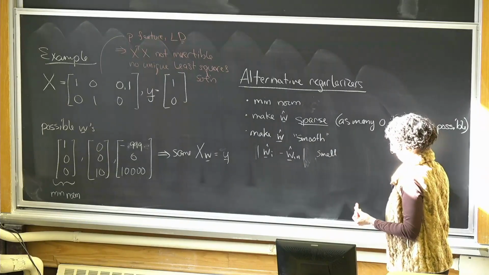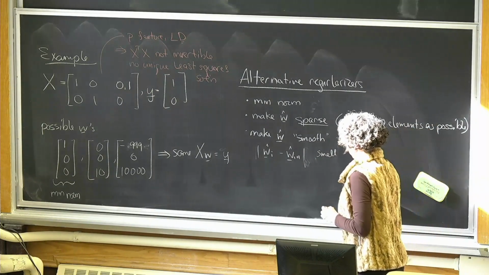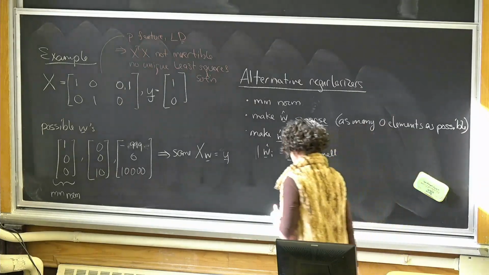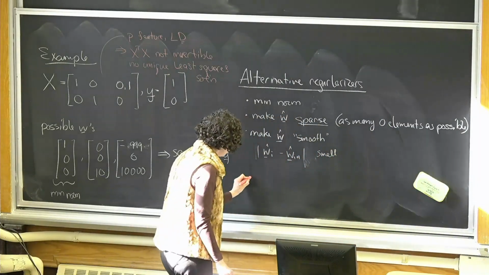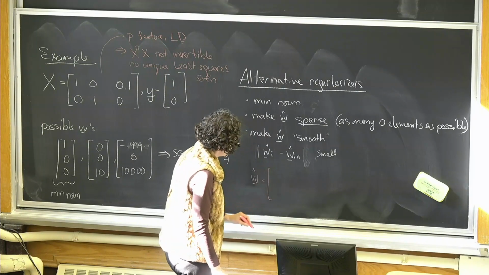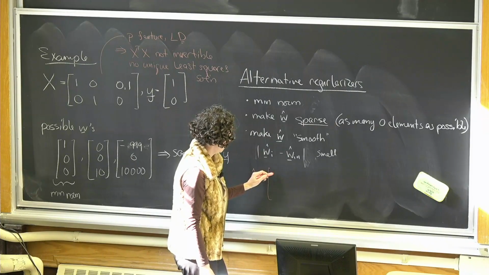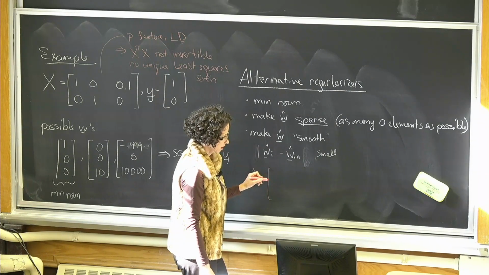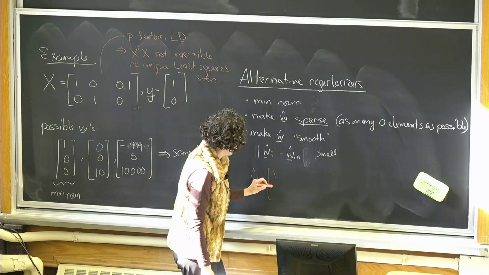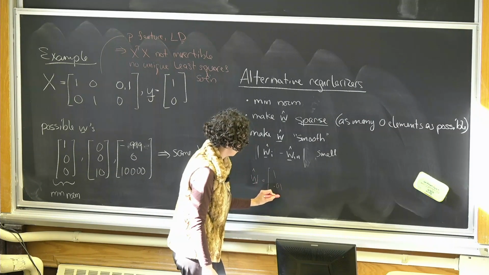This is subtle, and I'm not going to have a great example off the top of my head, but I could imagine having a W hat where my entries are, let's just say, 1 and then 0.01 and 0.02.